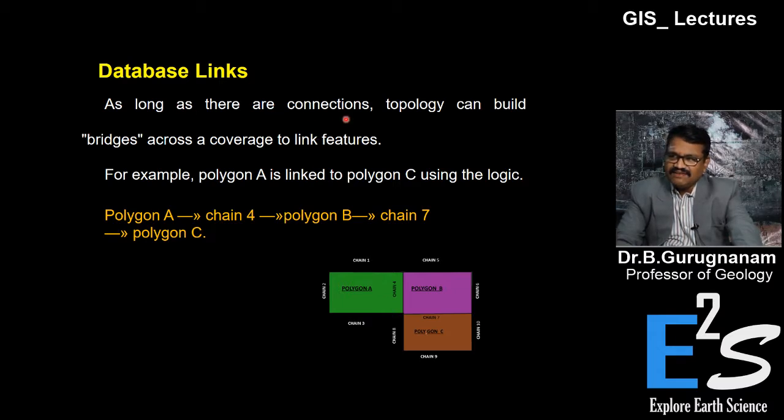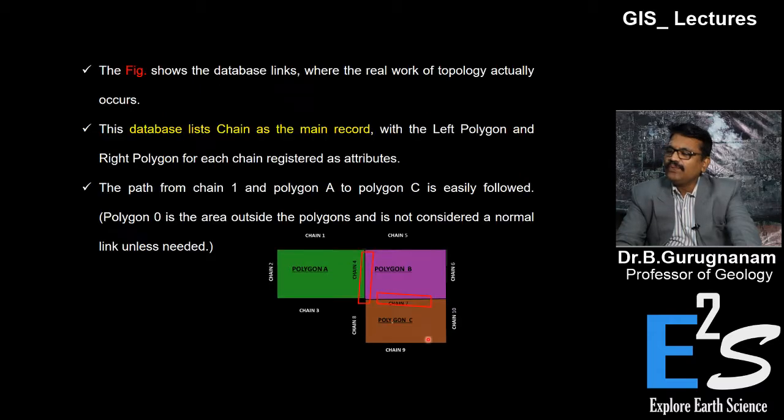As long as there are connections, topology can build bridges across a coverage to link features. For example, polygon A is linked to polygon C.